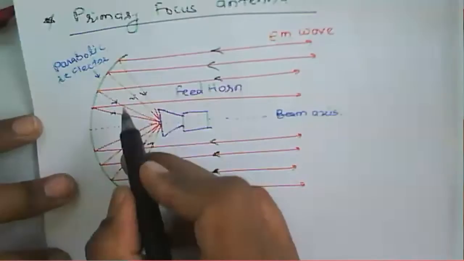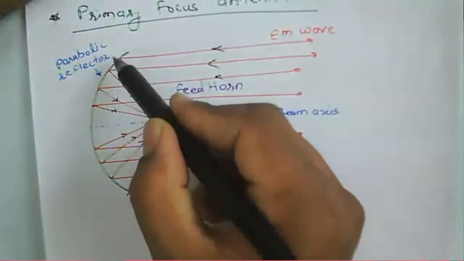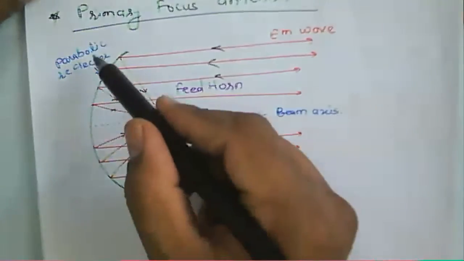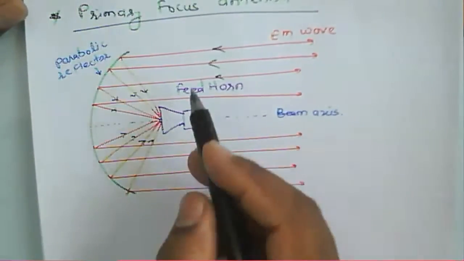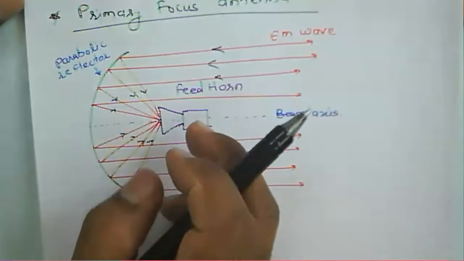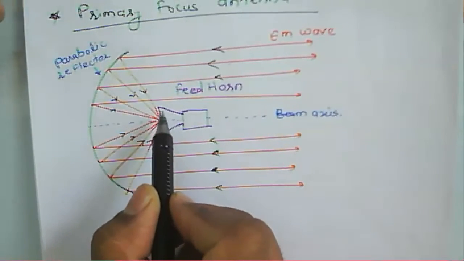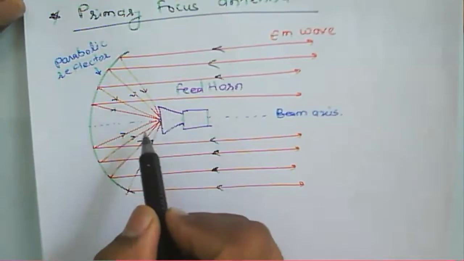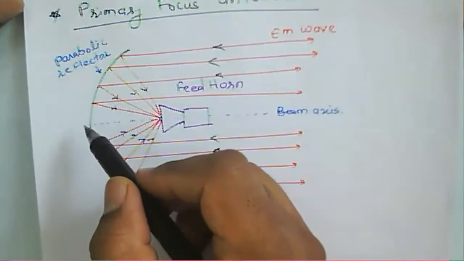If it is a parabolic antenna or dish, the parabolic size is larger, so whichever the blockage, the signal blocked by this particular feed antenna will not be a serious concern if we have the large antenna size.